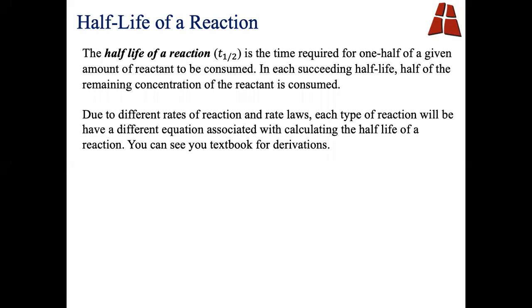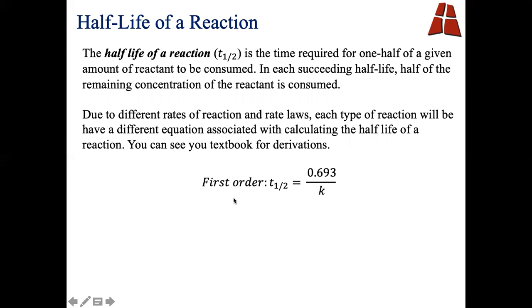Due to different rates of reactions and different kinds of rate laws that we just went over, each type of reaction and rate law will have a different equation that we would use to calculate the half-life of a certain reaction. For first order rate laws, the half-life would be equal to 0.693 divided by our rate constant k.